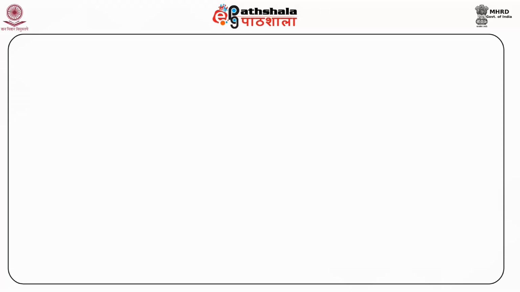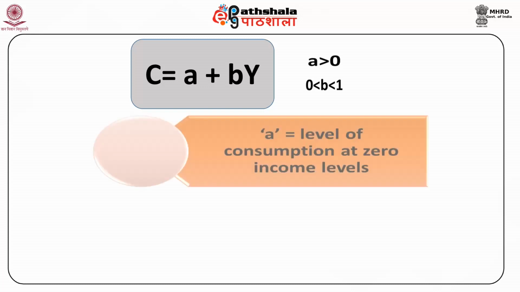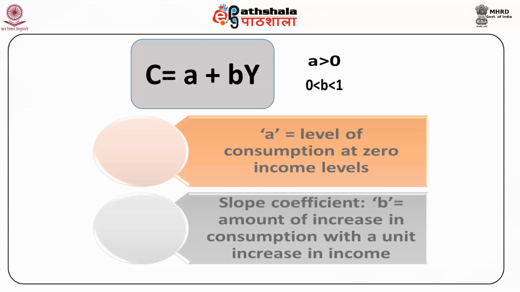Symbolically, the consumption function can be written as C = A + BY, where A is greater than 0 and B is between 0 and 1. The intercept A is the level of consumption at 0 income levels. The slope coefficient B is the amount of increase in consumption with the unit increase in income.